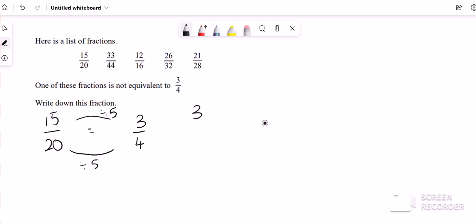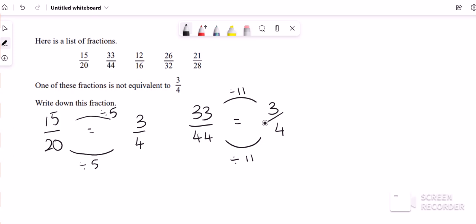Now I've got 33 over 44. Again, this is divisible by 11. This is divisible by 11. So this will leave me with 3 over 4. Again, that's not our answer.